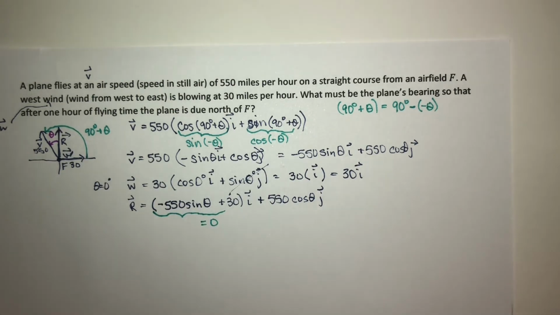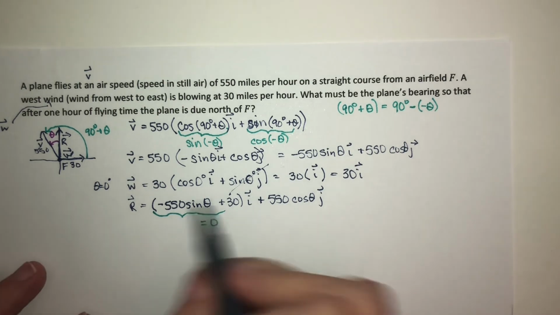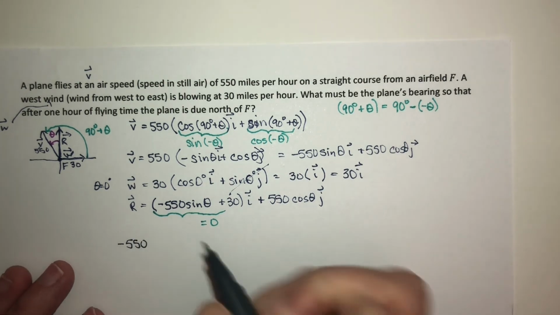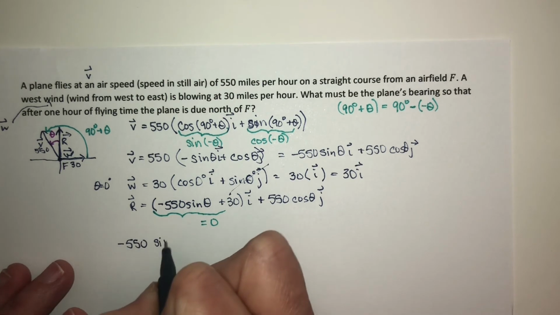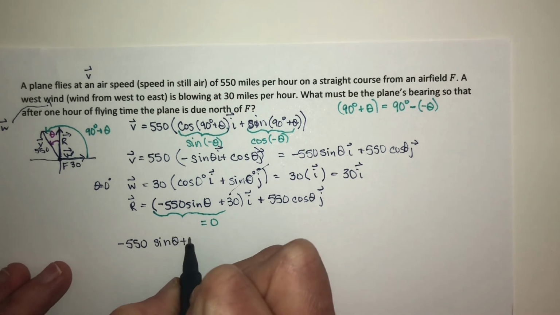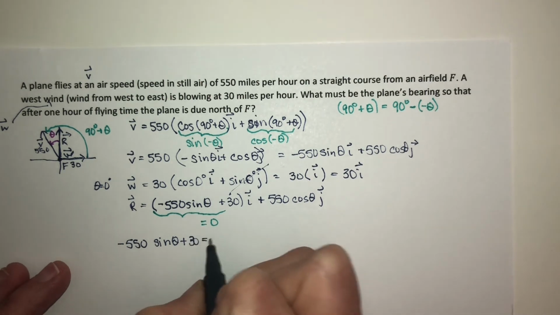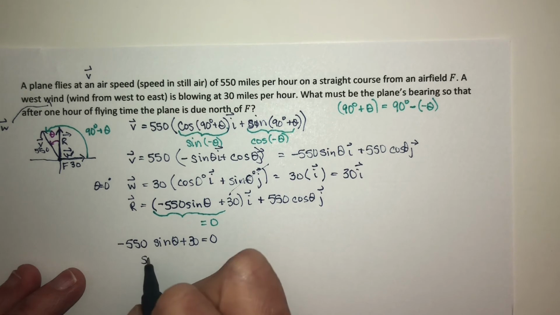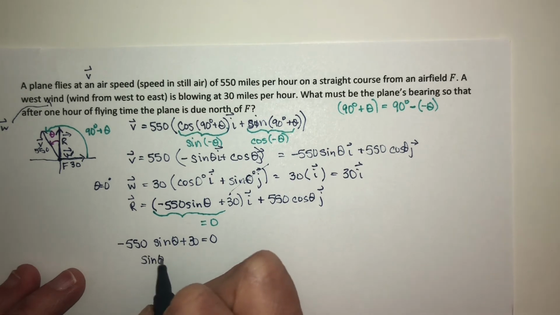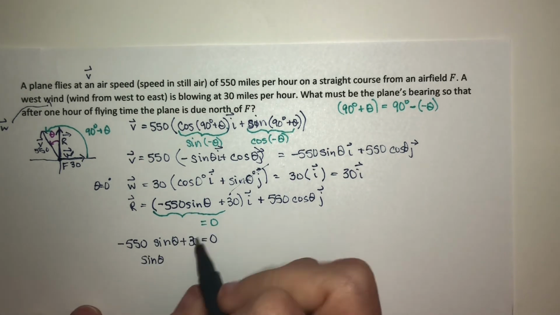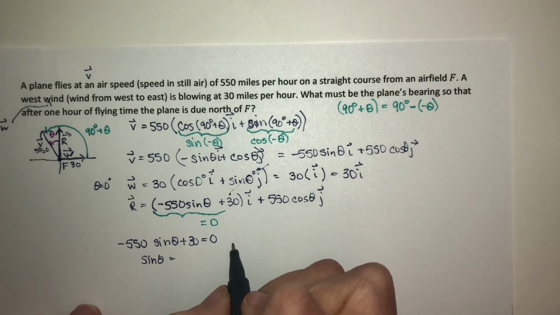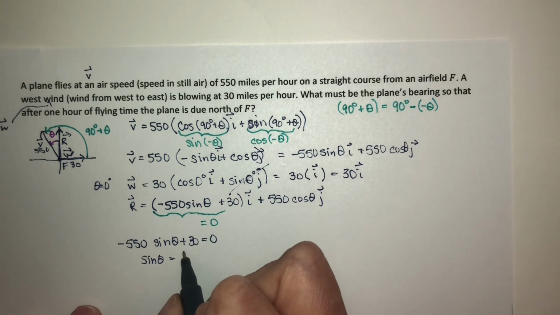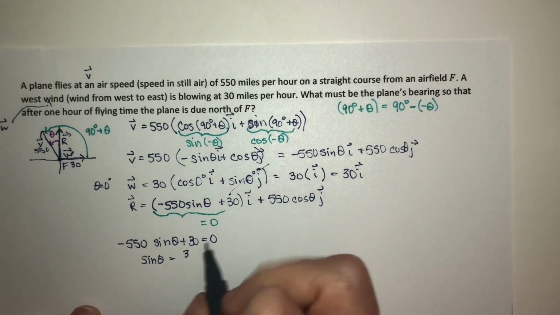So I'm going to set this equal to 0. If I solve this for sine of theta, I move over, get negative 30, divide by negative 550, and I get positive 3 over 55.